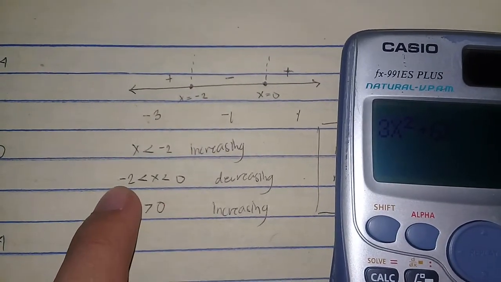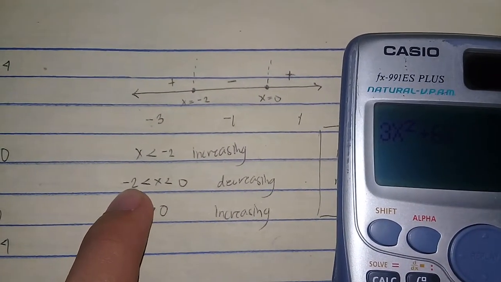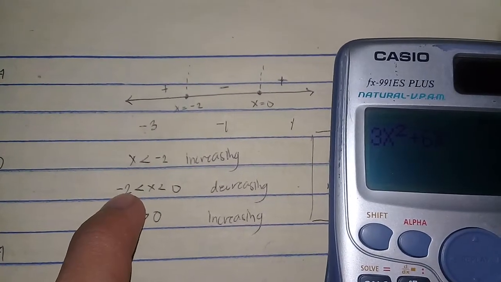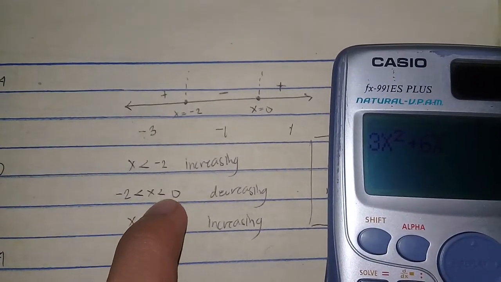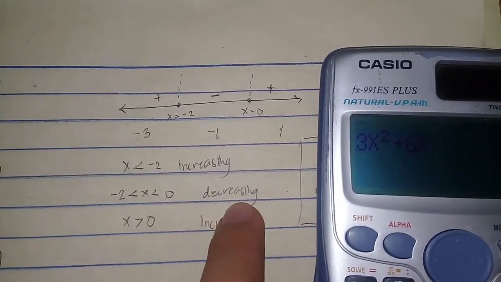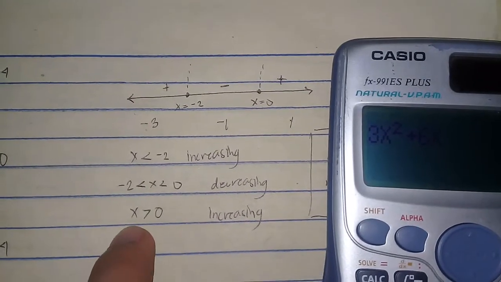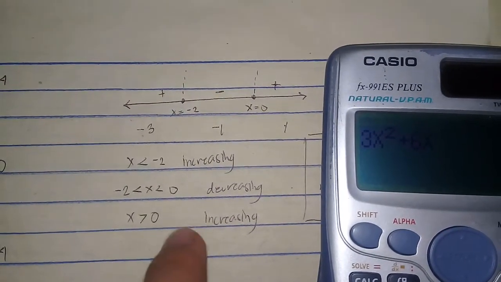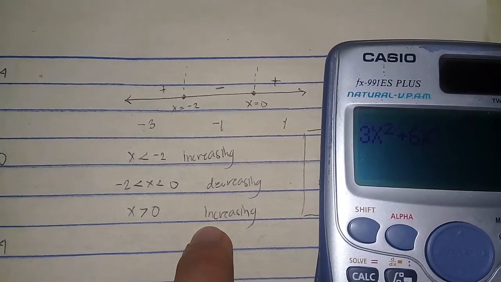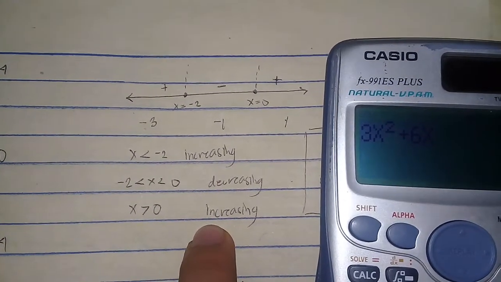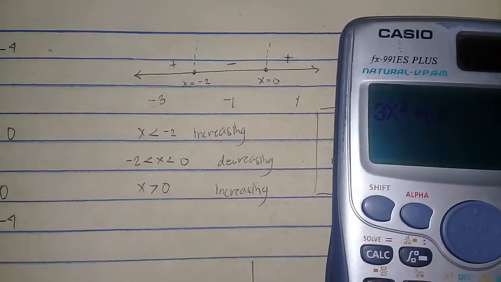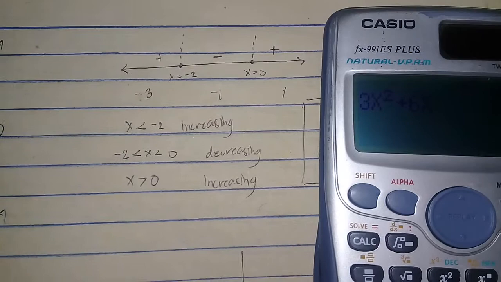If x is greater than negative 2 and less than 0, or in the middle, it is decreasing. And if x is greater than 0, it is increasing, which is positive. This will help us in determining the graph and the maximum and minimum of the said equation.